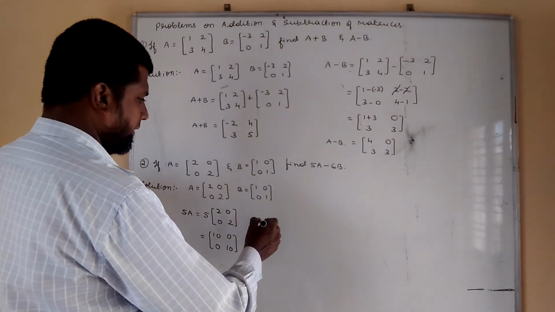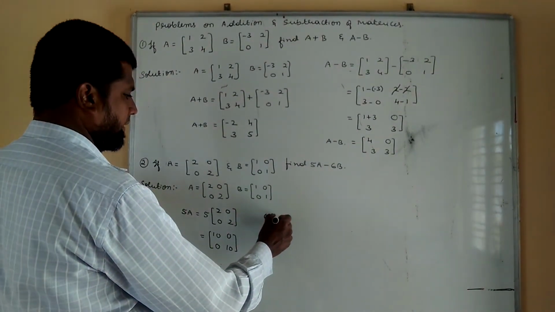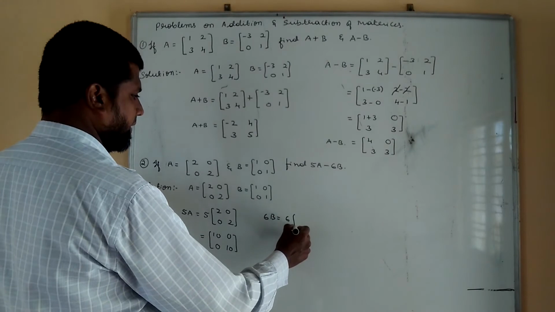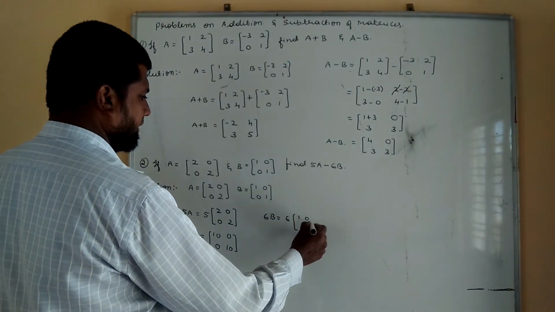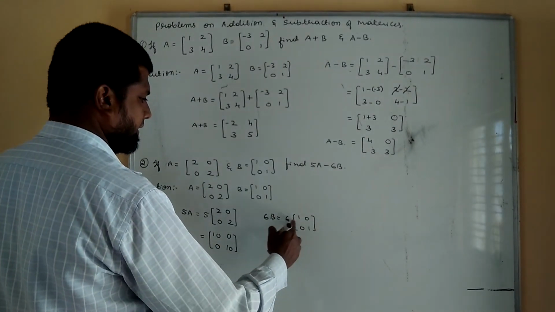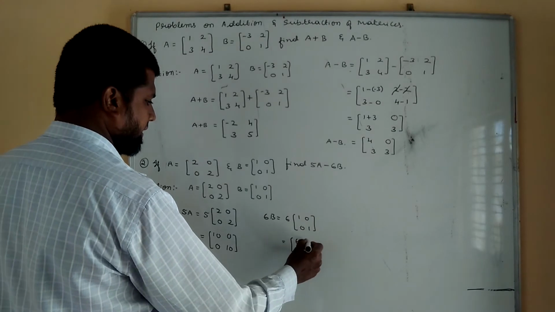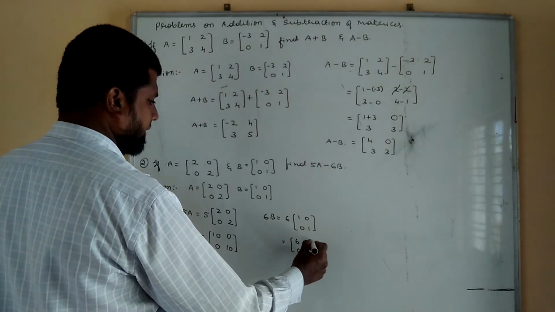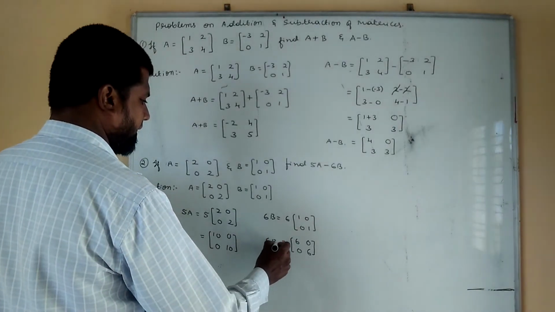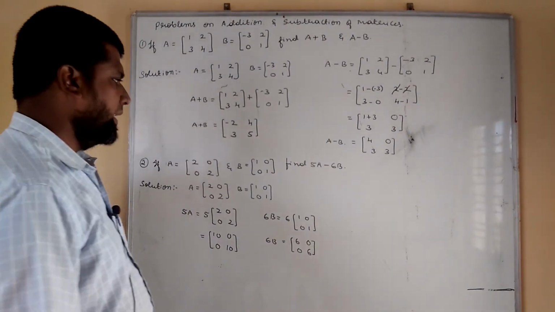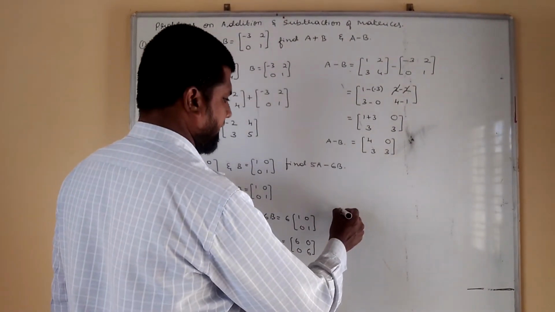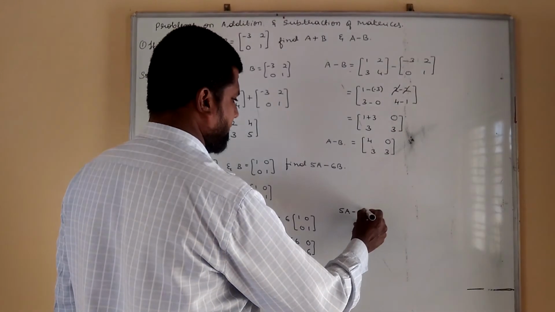Let us find the value of 6B. 6 into B, B is 1, 0, 0, 1. If you multiply, 6 into 1 is 6, 0, 0, 6. You got the value of 6B. Then now you have to find 5A minus 6B.